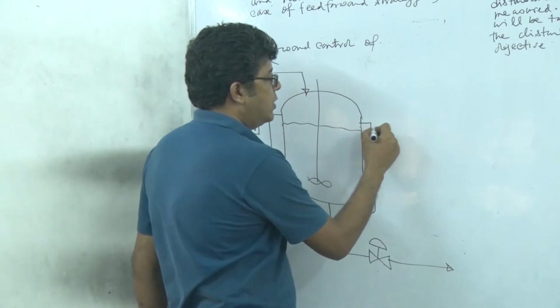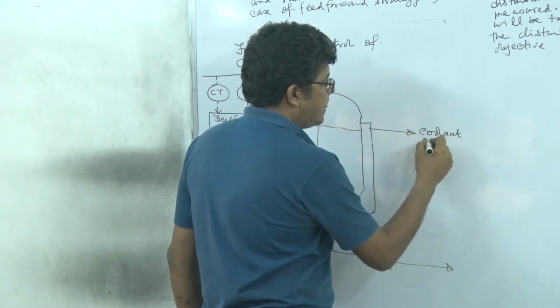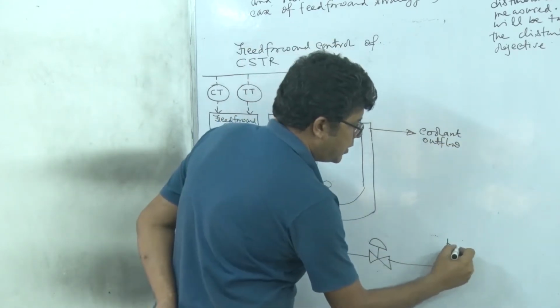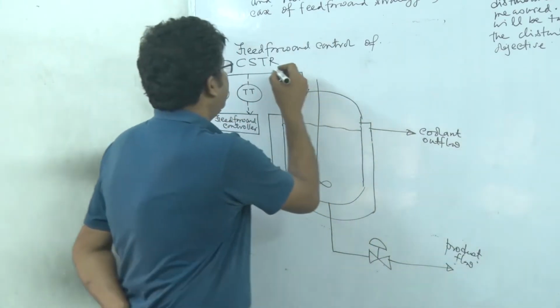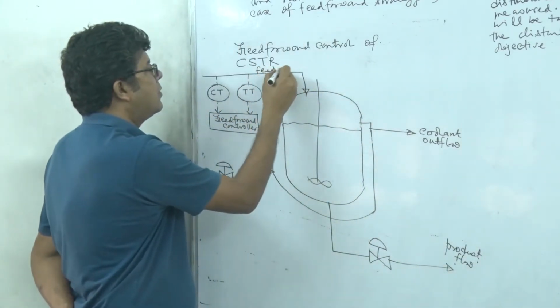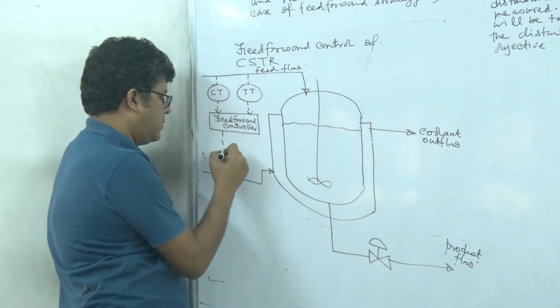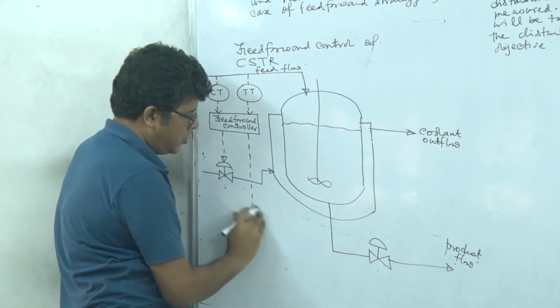Here you will have the coolant outflow. Right. This is the product line, and here we have the feed flow. So from here it will operate both the valves.